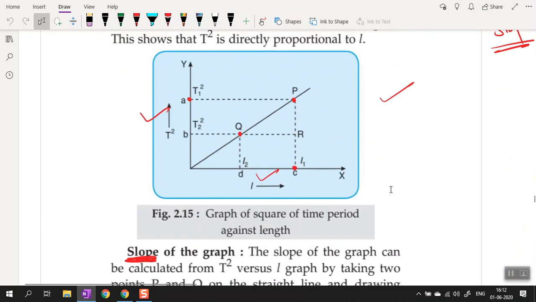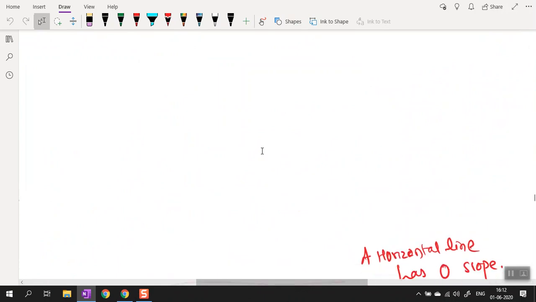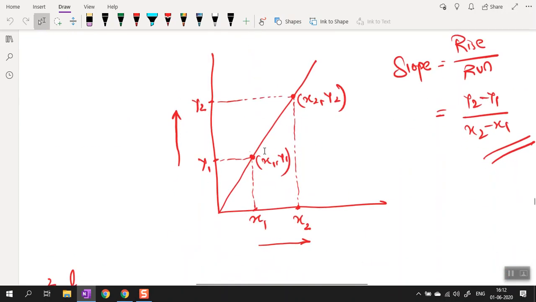There was a question that asked to plot a graph of time square versus length. It's a straight line, and how to find acceleration due to gravity. I discussed this very nicely in the video earlier also, what the meaning of slope is. I can show you right here the same thing which I discussed in the video, what is slope and how to find it.